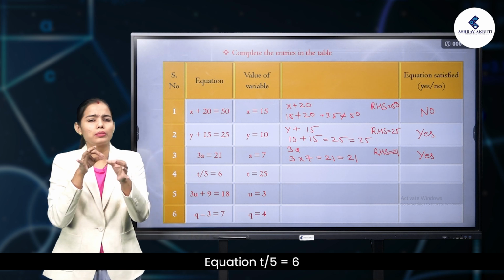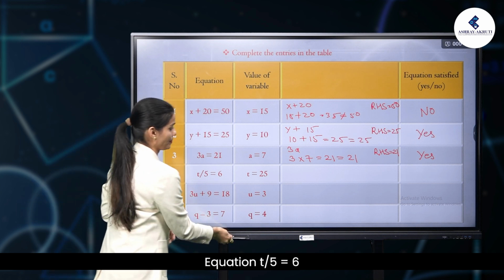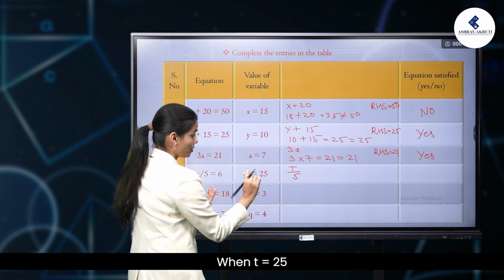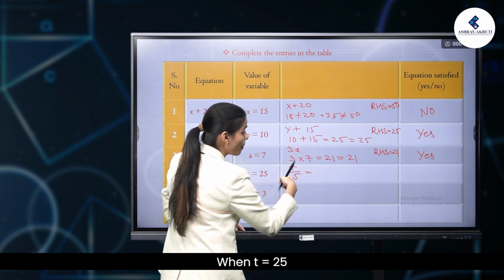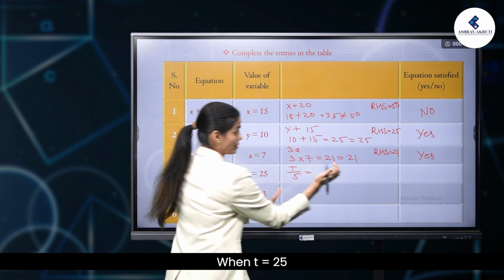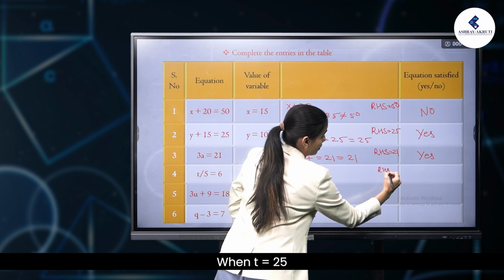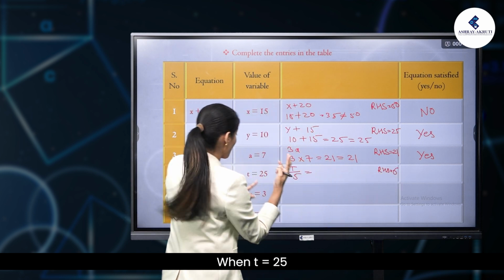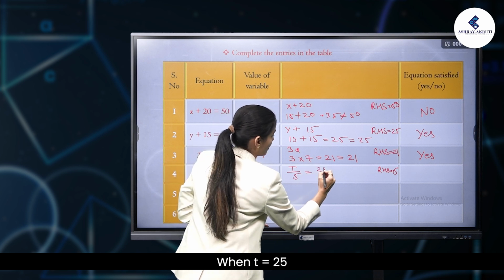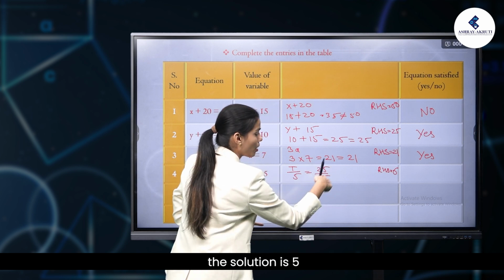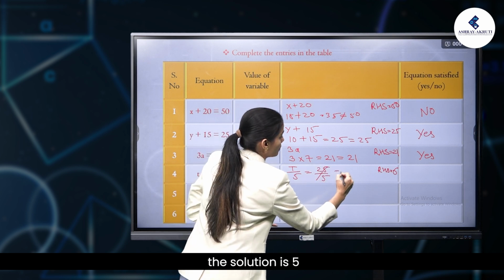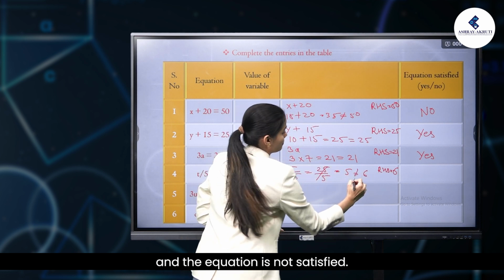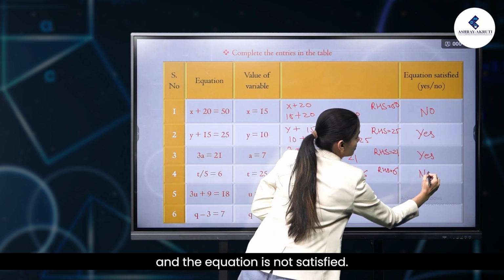Equation t by 5 is equal to 6, when t is equal to 25, the value is 5 and the equation is not satisfied.